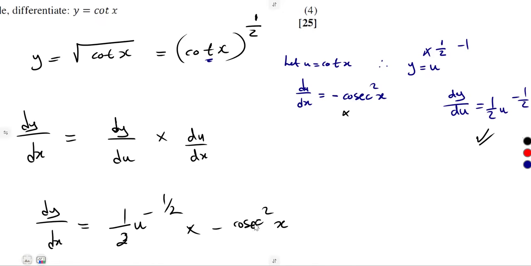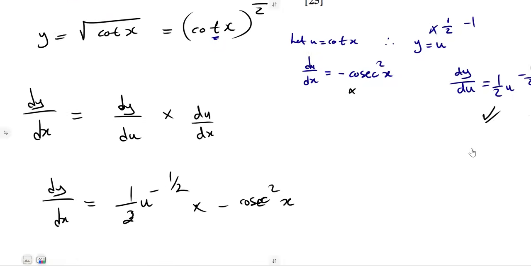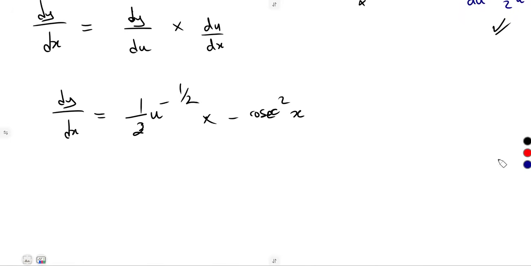So this is what we have, which must be written in terms of x. But trying to simplify this, it is the same as over 1. And also we know that a negative exponent is written as 1 over u to the exponent of a half. And we understand, guys, exponent of a half is what? The square root. So that's the square root of u.